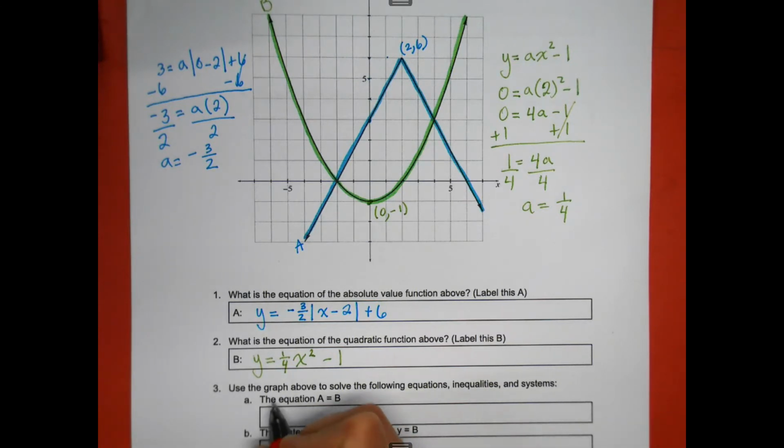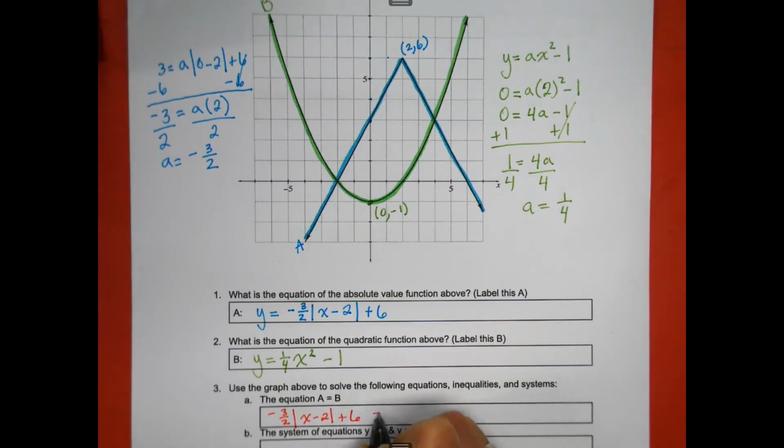Our equation a equals b would be -3/2 times the absolute value of x minus 2 plus 6 is equal to 1/4 times x squared minus 1. Now, we are not able to solve this algebraically. There is no way to undo an absolute value. Therefore, we're going to have to use the graph to give us our solutions.